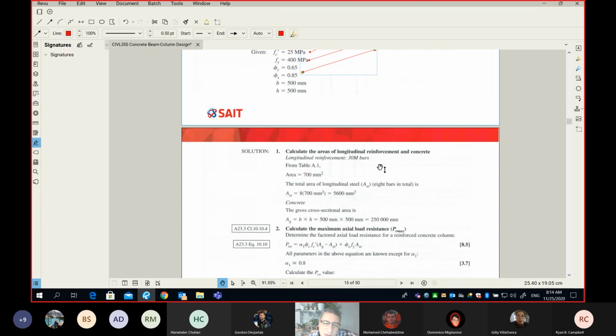If you're not able to memorize them, there is a table in the code that gives you the cross-section area of different bar designations. For 30M, here we go. The area of a single 30M is 700 mm².